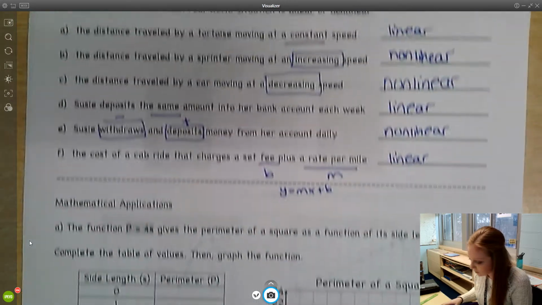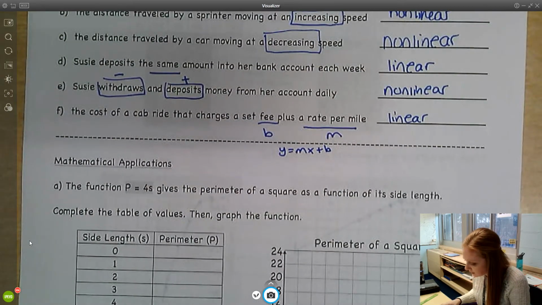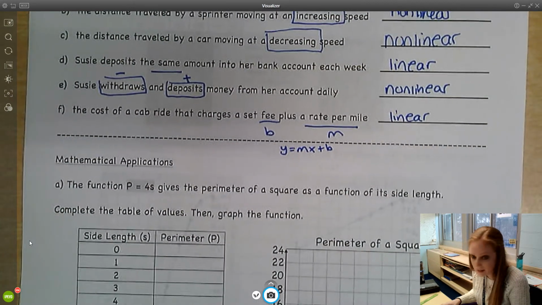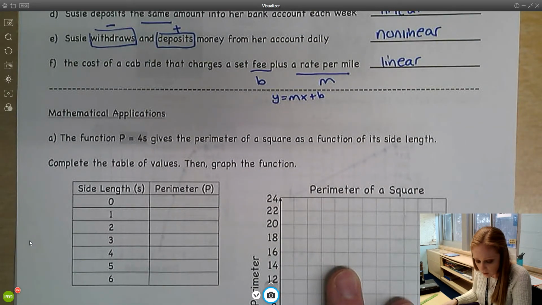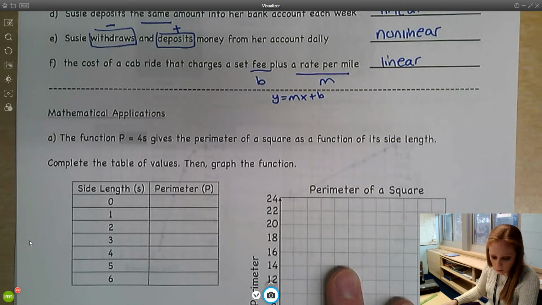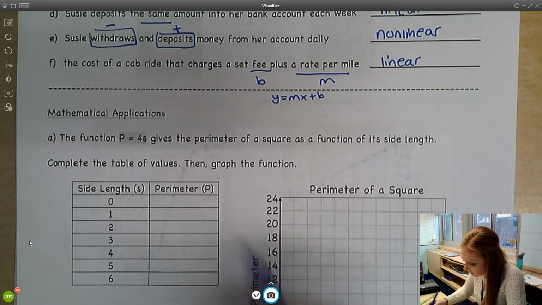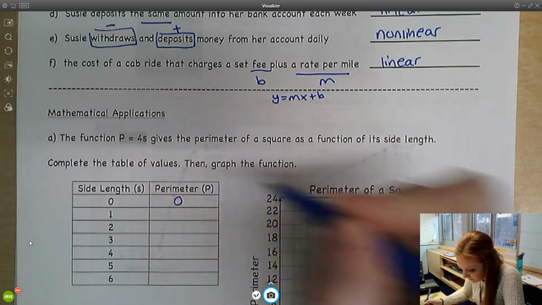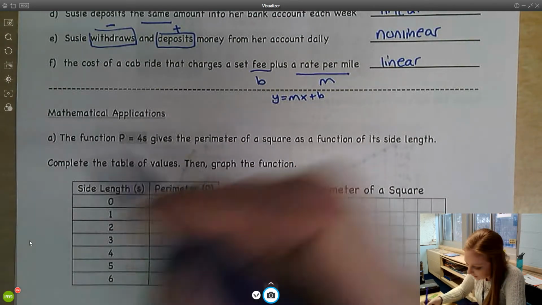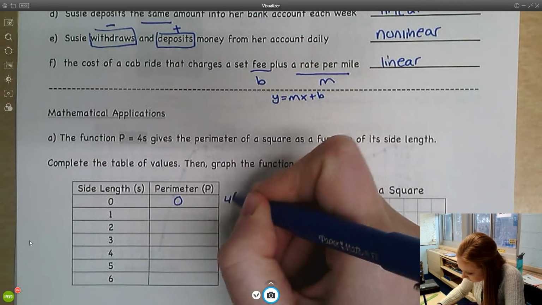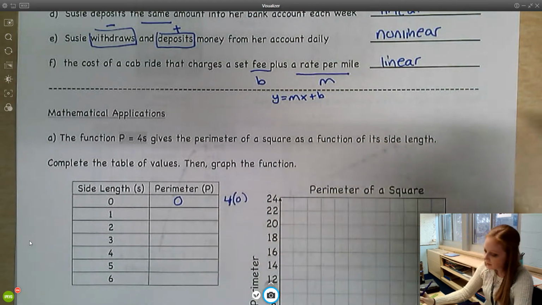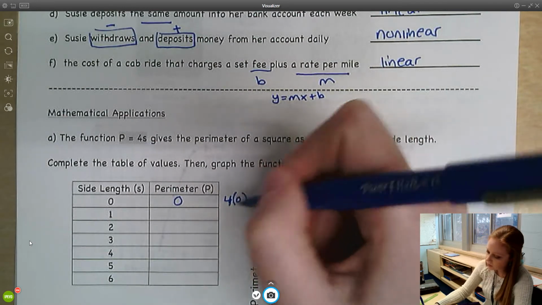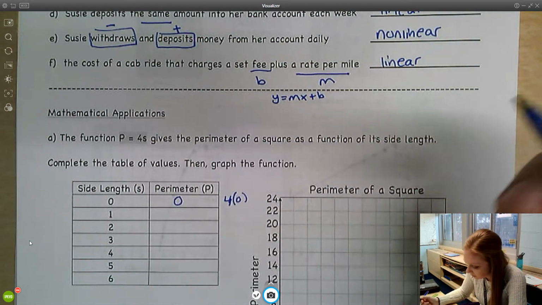Awesome. Okay, let's look at this one. The function P equals 4s gives the perimeter of a square as a function of its side length. Complete the table of values, then graph the function. Okay, so for a square, when the side length is 0, the perimeter is going to be 0. You can get that by saying 4 times 0, because perimeter equals 4 times s.